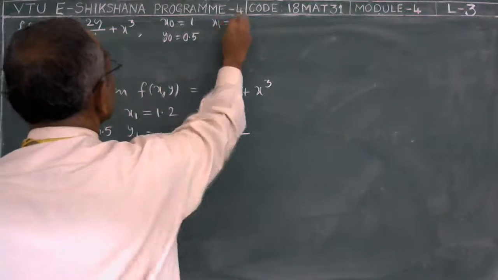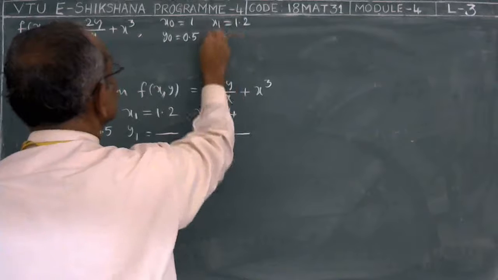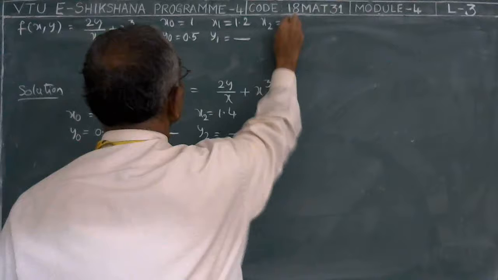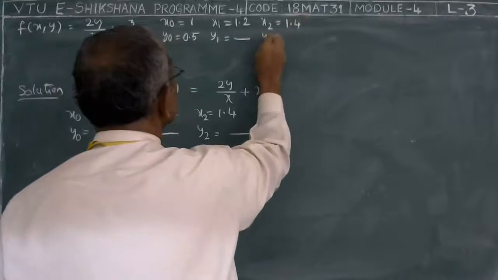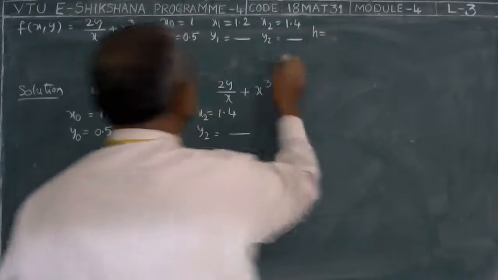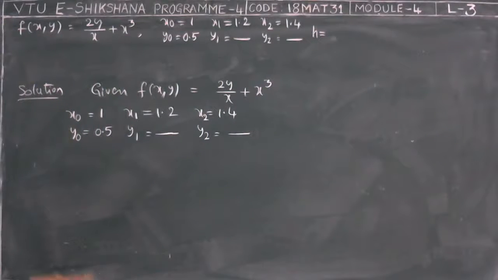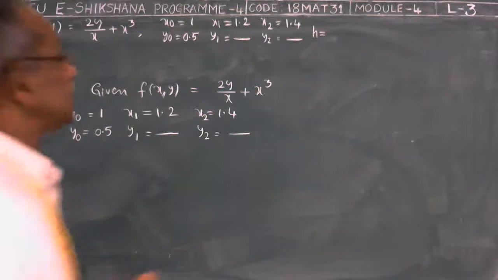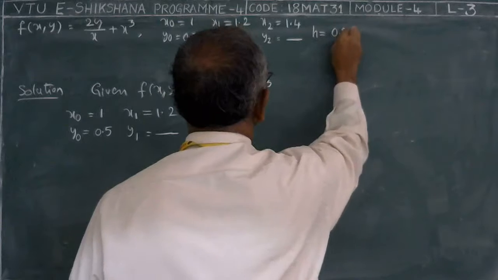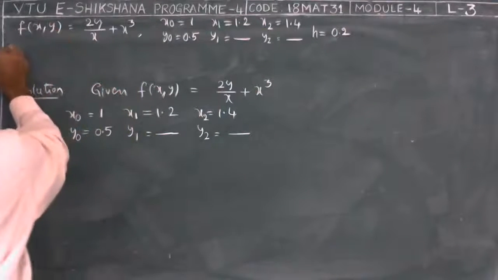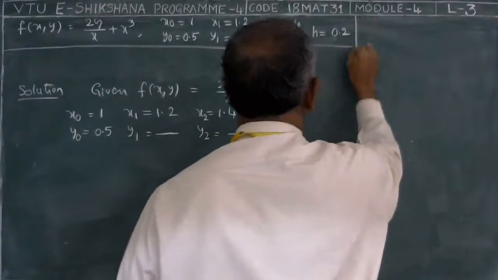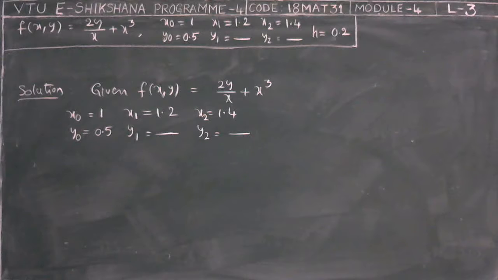Then x1 is 1.2, corresponding y1 we need to find. x2 is 1.4, corresponding value y2 we need to find. And h is, you can easily make out, x2 minus x1 or x1 minus x0, equivalent values of x is 0.2. So h is 0.2. Let me not disturb this, I will keep it in this box.